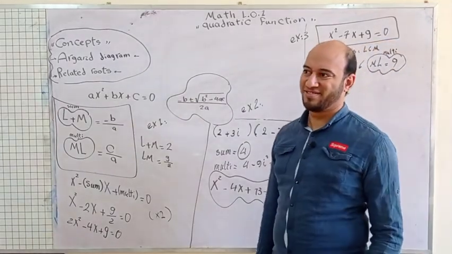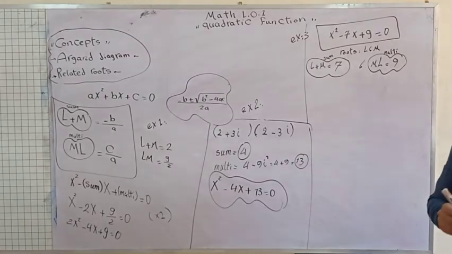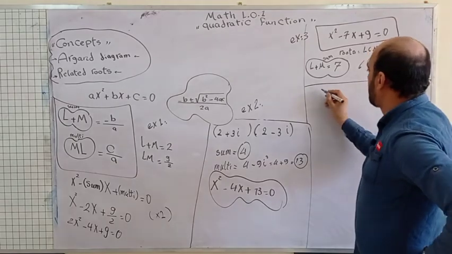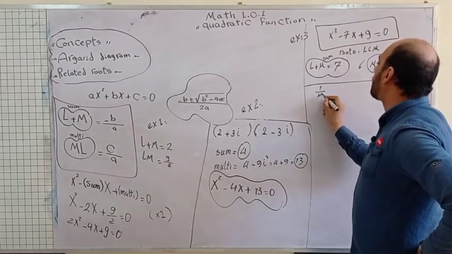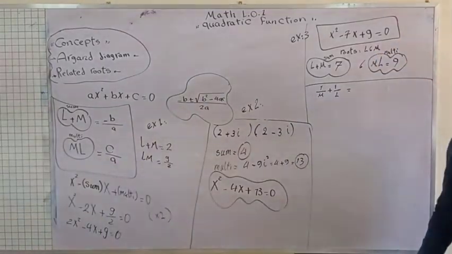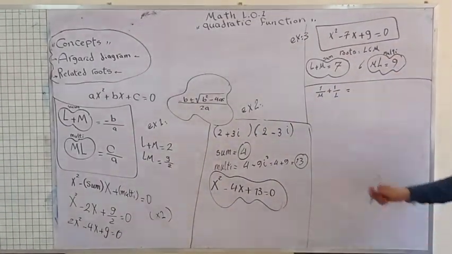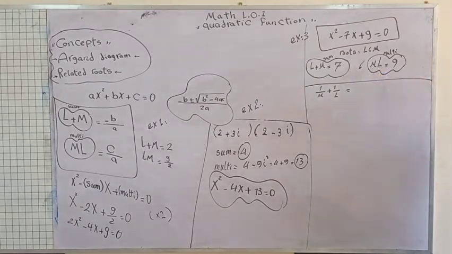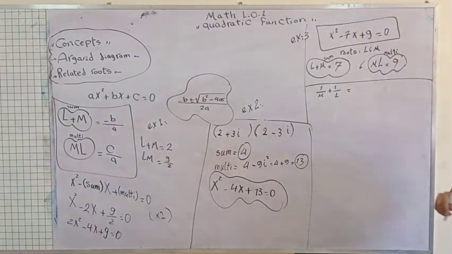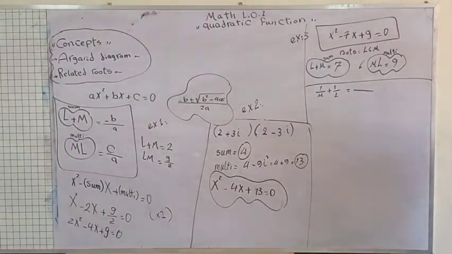What do you need after this? I need some values. I need 1 over M plus 1 over L. How can you get this value? From these values, you have L plus M and LM. You want 1 over M and 1 over L. You will add these two fractions.